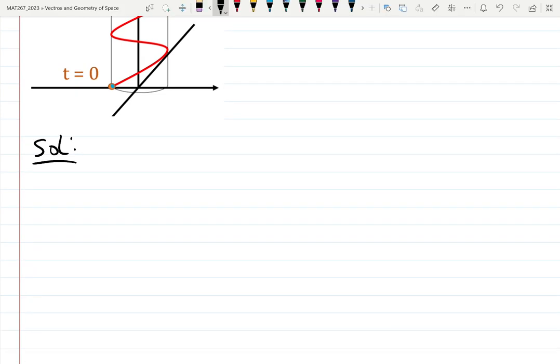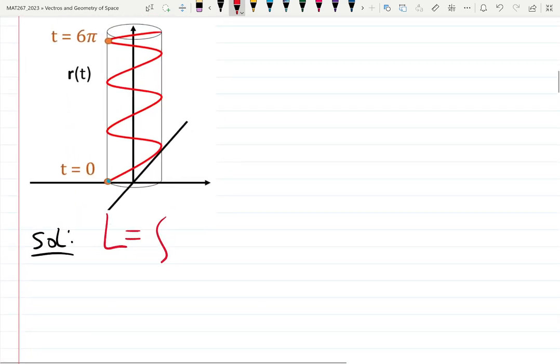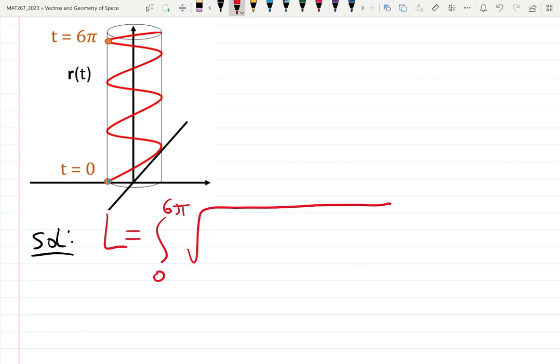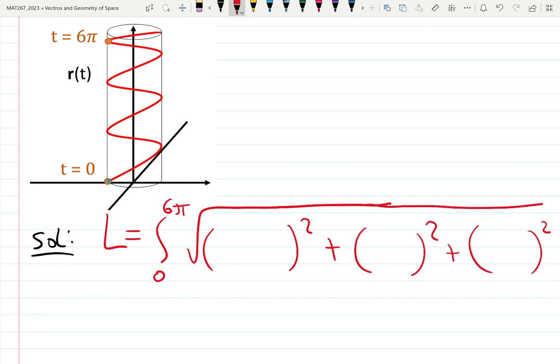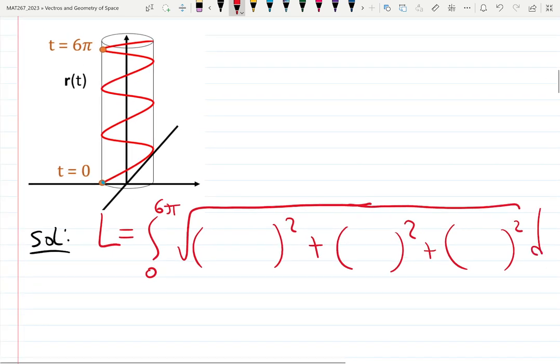Your job is basically to know the formula. L equals the integral from a to b, and we literally gave it to you. 0 to 6 pi. A huge, gigantic square root. And then derivative squared plus derivative squared plus derivative squared. So if you know the formula, you already can do the multiple choice question. Usually that's a multiple choice question, unless it's not.